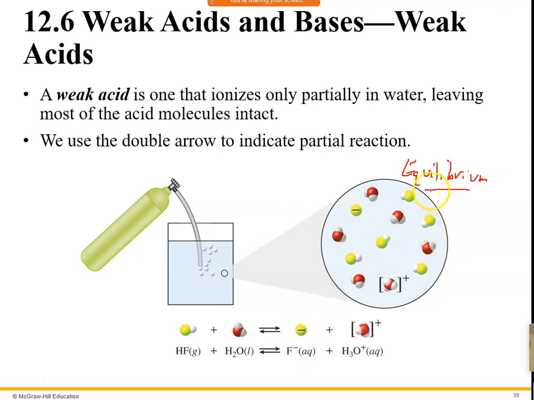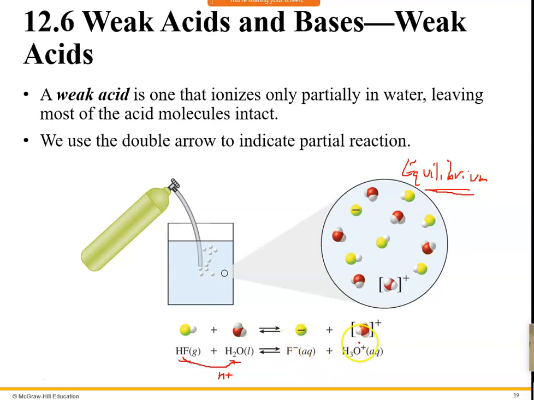Most reactions are actually in an equilibrium. An equilibrium is where I have two compounds. In this case, I have HF and water. What happens is the HF starts donating its H pluses onto water, forming F minus and H3O plus ion.